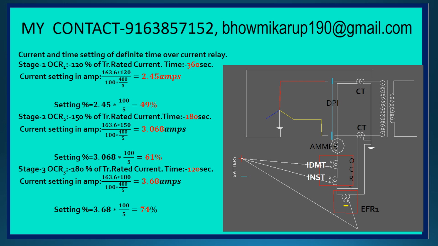Try to understand this, read it and do it in the copybook, then you can understand. And take another MVA of transformer, take the setting limit, setting guideline of the company or RDSO, and you can set it. We have set it in the 30 by 42 MVA, but we have set the 21.6 MVA transformer setting.